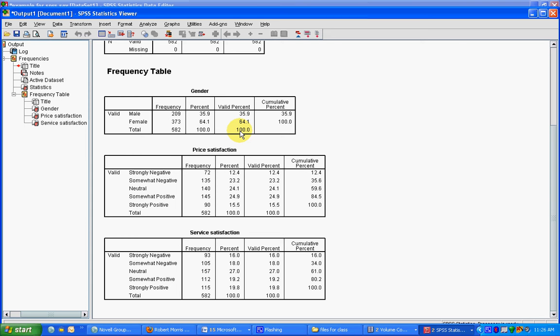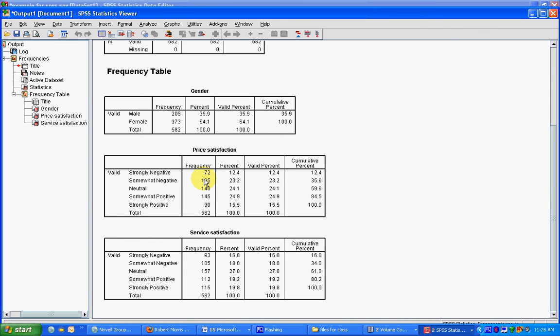So now let's take a look at price satisfaction. Are people happy or unhappy with our prices overall? Now when we look at it, we see that 72 were strongly negative. That is 12.4% of the sample, and a cumulative percent of 12.4.